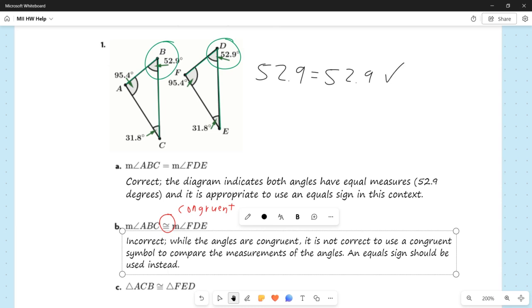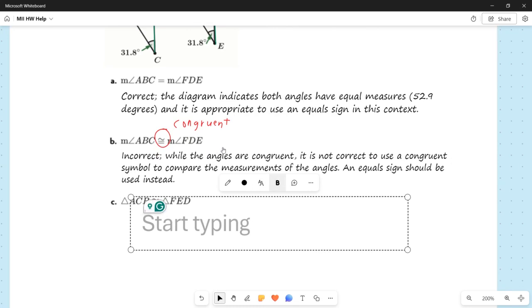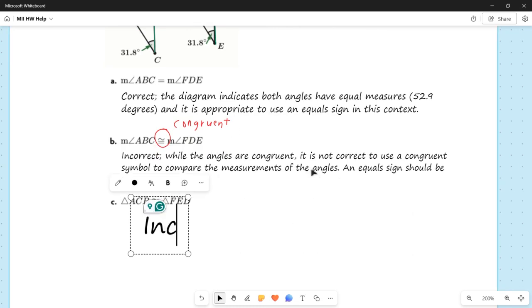So even if it looks like the triangles are congruent, that is not sufficient. We're going to need some actual concrete information about the side lengths in order to make a statement like C. And again, we don't know anything about any individual side length. So for part C, our answer, the statement rather, is incorrect.